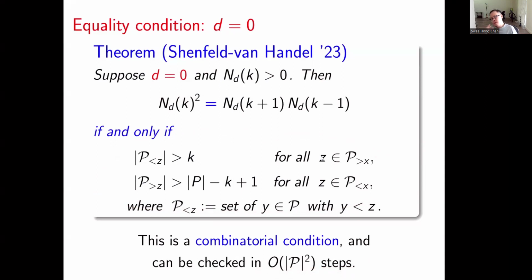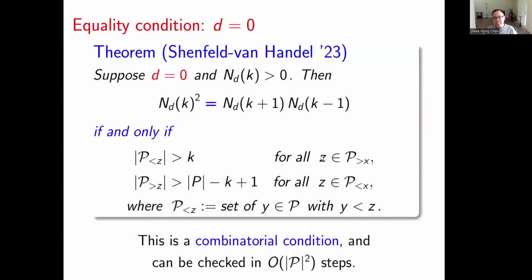Now that we have seen that the case d equal to 0 has been solved, it's very natural to hope that if we work just a little bit harder, maybe just epsilon harder, then we can solve this question for all values of d, or maybe for many values of d.